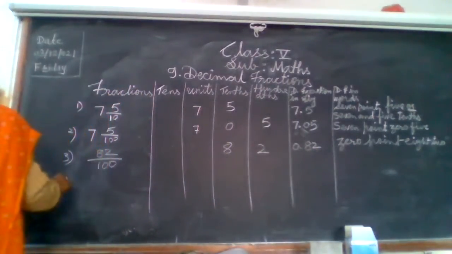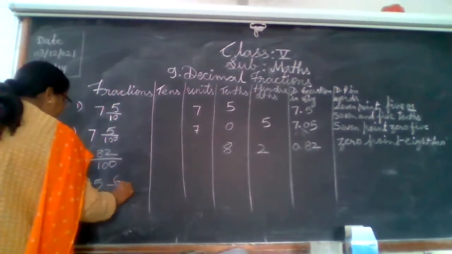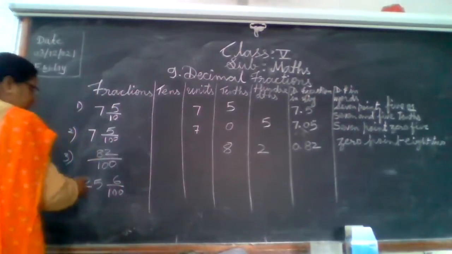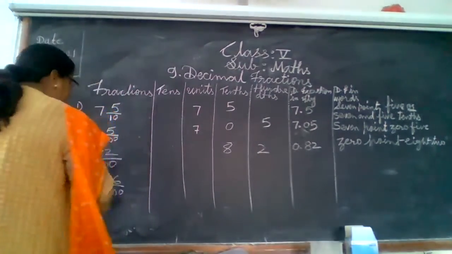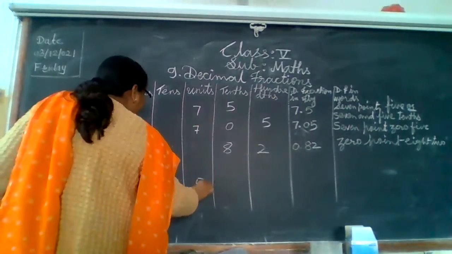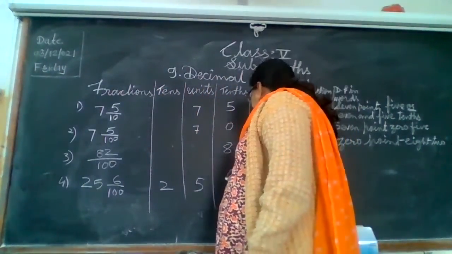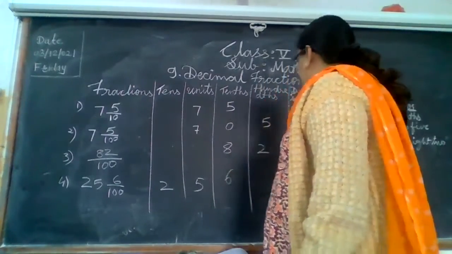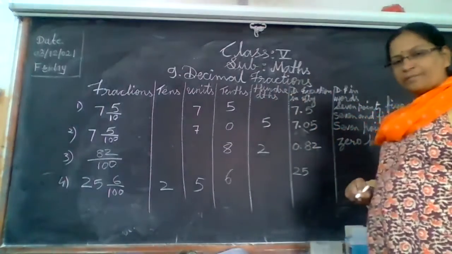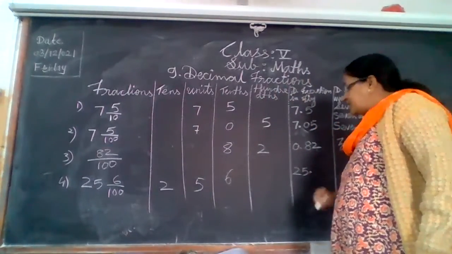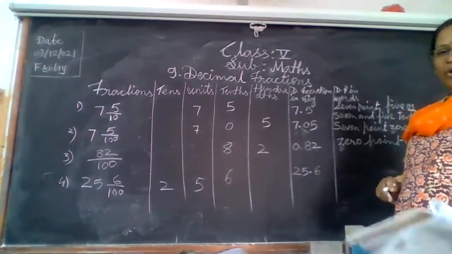25 and 6 upon 100. Here 25 is the whole number. The tens place has 2, the units place has 5. They are the whole number. 6 is in the hundredths place, no tenths. So 25 is the whole number. Put the decimal point and 6. So it is 25.06.